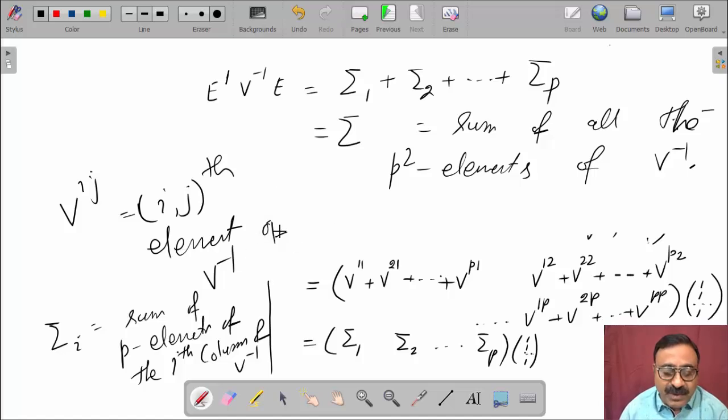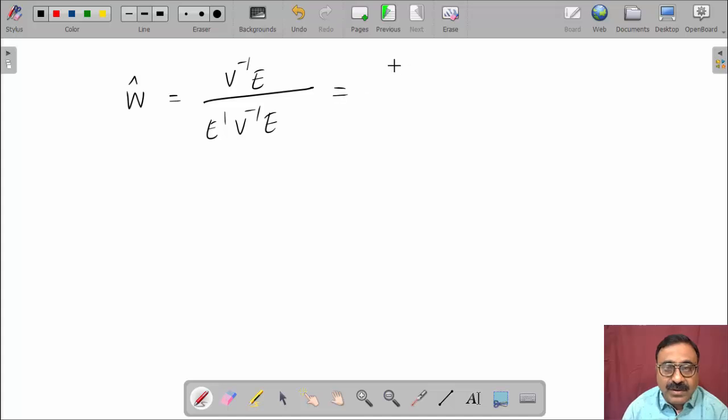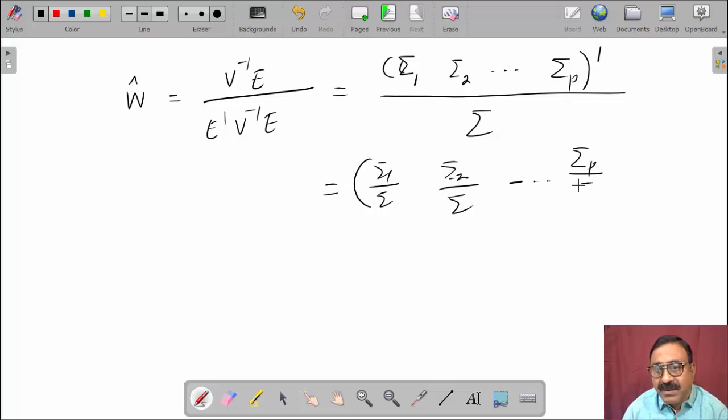Now putting the value of minus mu in equation 1 previously, we get W cap equal to V inverse E divided by E dash V inverse E, that is equal to sigma 1, sigma 2, sigma P transpose divided by sigma, that is sigma 1 by sigma, sigma 2 by sigma, sigma P by sigma.